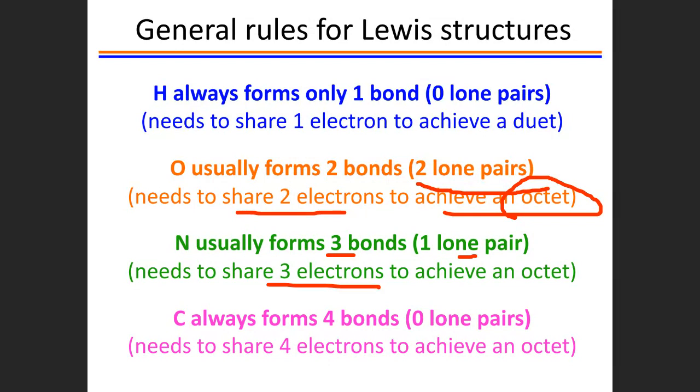One bond, one electron. Got it? Two bonds, two electrons, because if you want to share two bonds, that means you need two more electrons from the other atom. So for nitrogen, three bonds means three electrons; we just saw the single, double and triple bond. Carbon always forms four bonds, that means carbon needs to share four electrons to achieve an octet. And these are our basic rules for Lewis structures and for making covalent bonds.